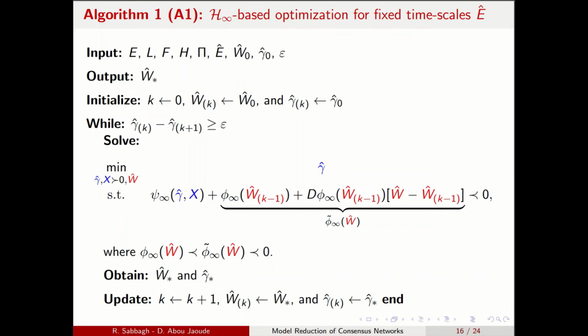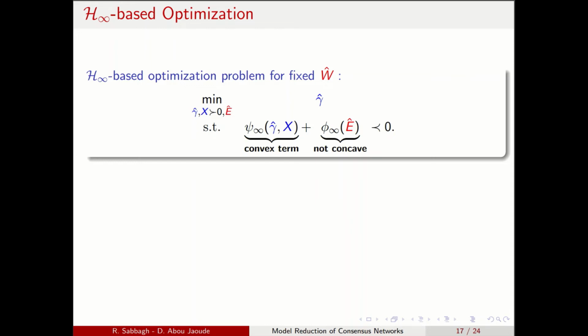The linearized inequality constraint is more restrictive and therefore ensures that at every iteration, the original constraint of the problem is satisfied. And finally, it follows by lemma 1 that all pairs E hat and W hat are feasible starting points to the algorithm. Now for fixed edge weights, the original problem reduces to the following optimization problem, where the constraint is no longer a function of the edge weights this time.